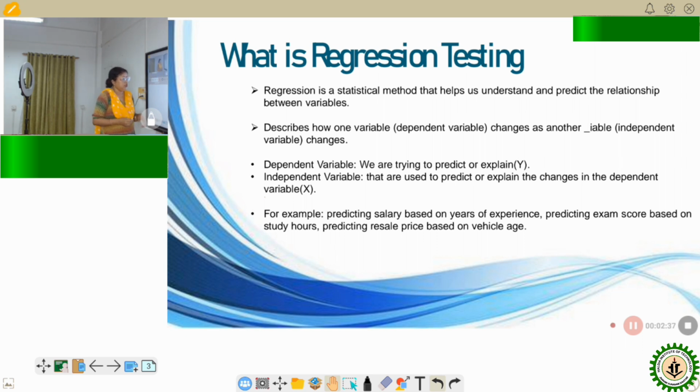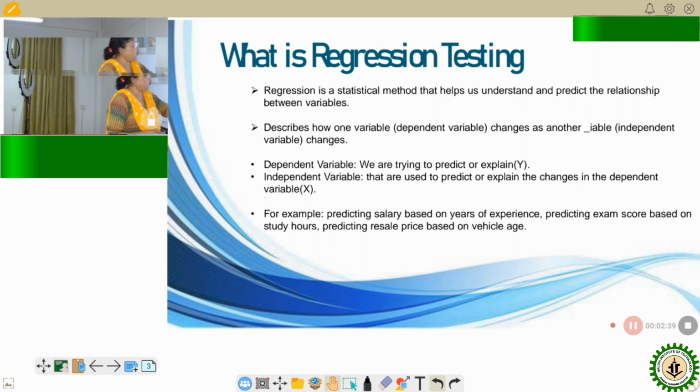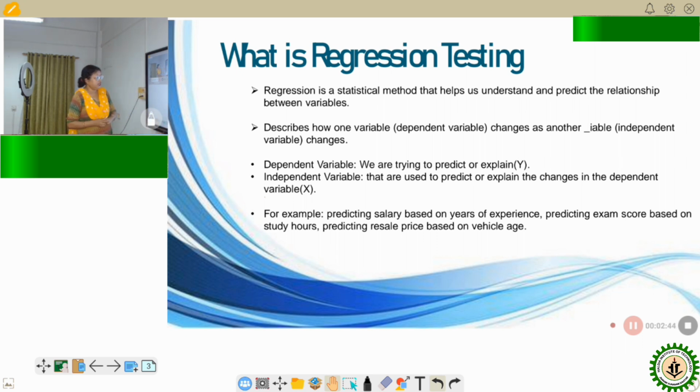For example, predicting salary based on years of experience. Predicted salary is the dependent variable, and years of experience is the independent variable.